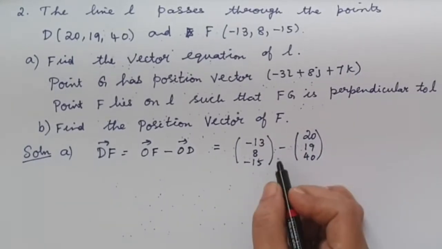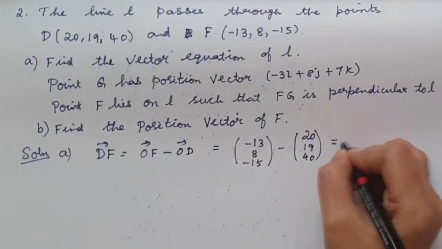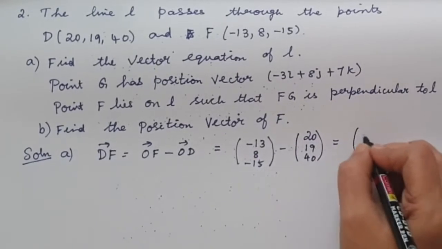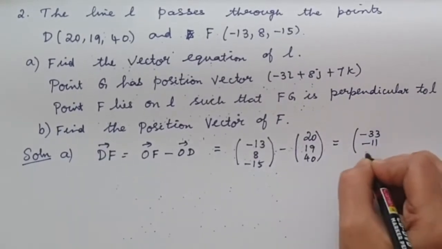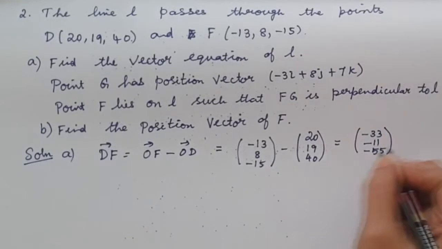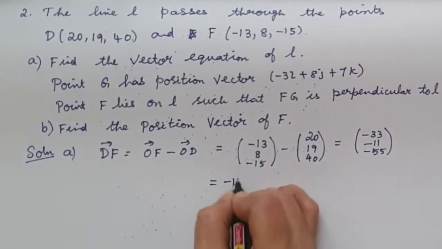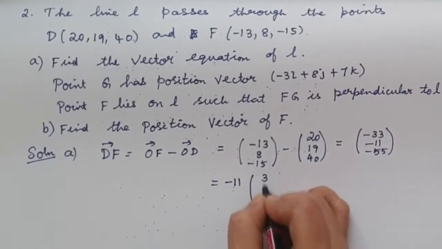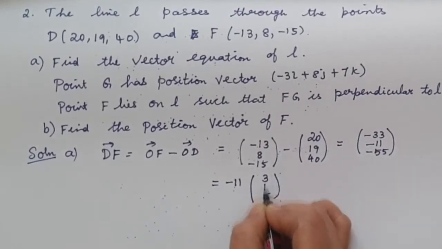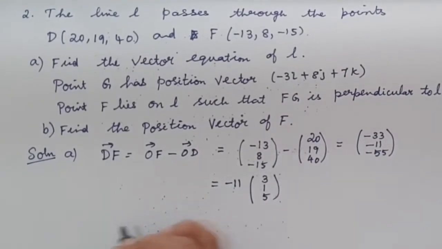Always writing it in vector format makes the work easier for us. So it will be equal to (-33, -11, -55). In this, minus 11 is common, so we can take that out. So it is (3, 1, 5). So this (3, 1, 5) will be the direction.